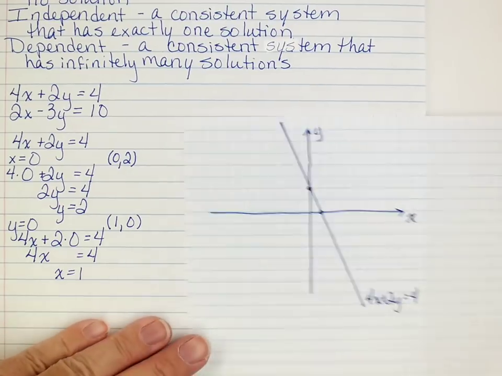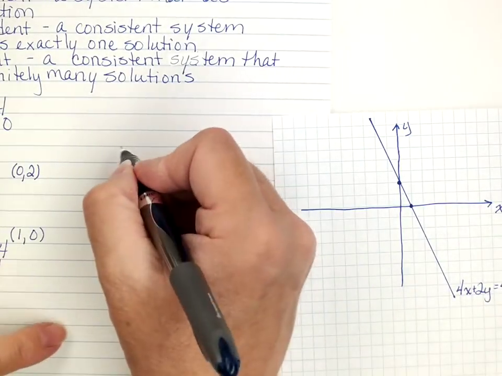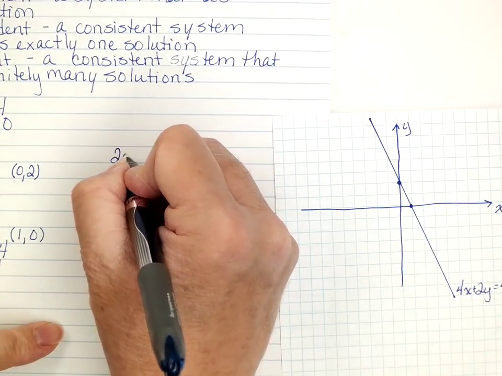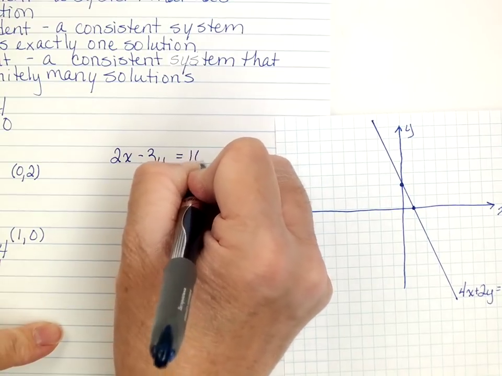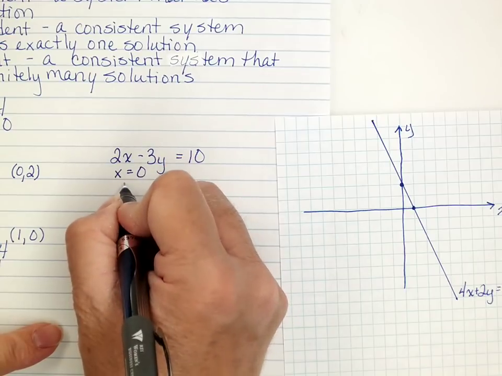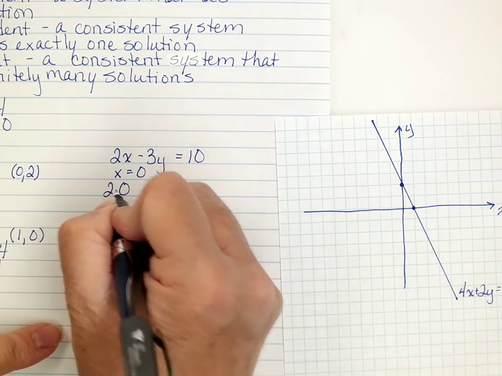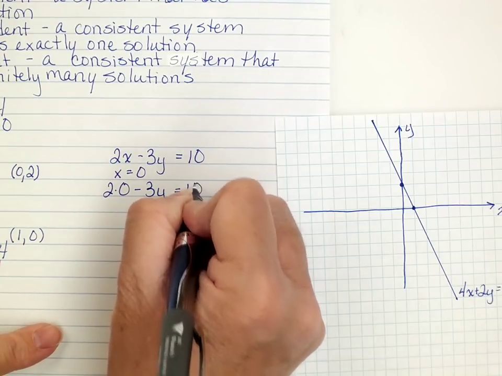Now, to get the other graph, I'm going to have to solve that equation. Remember, the other equation was 2x minus 3y equals 10. So first thing I'm going to do is let x equal 0. So I have 0 times 2 minus 3y equals 10.